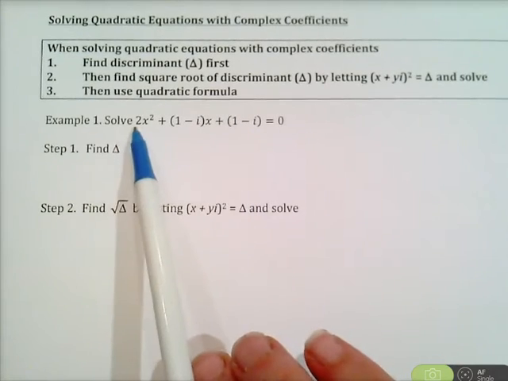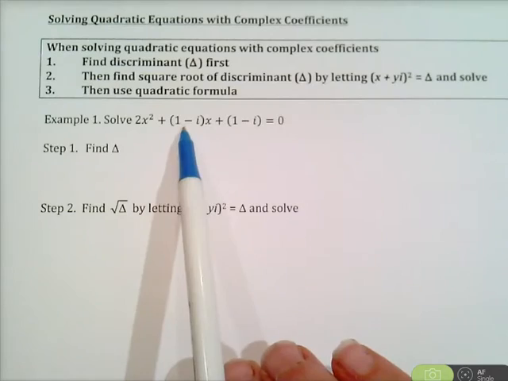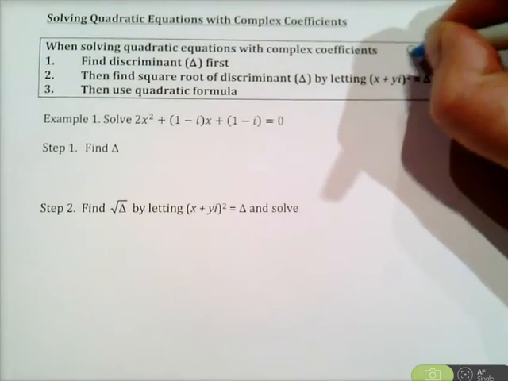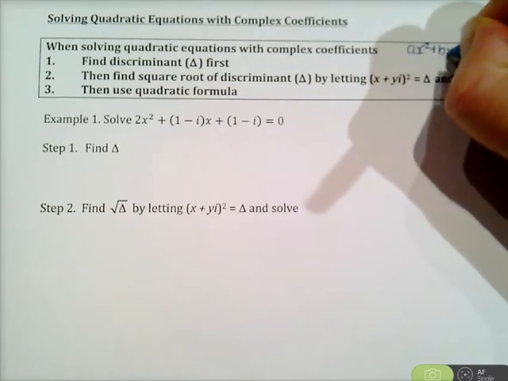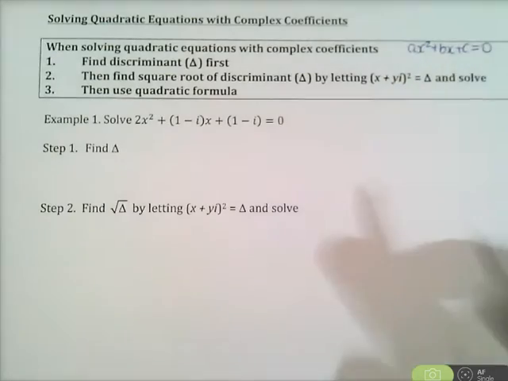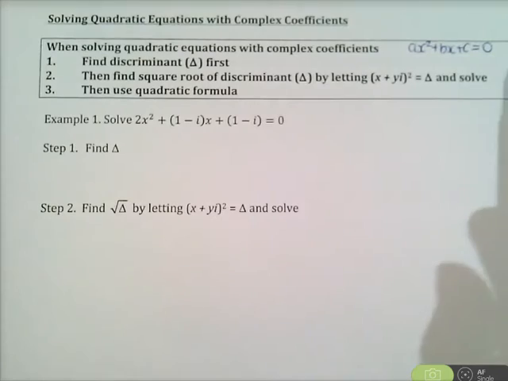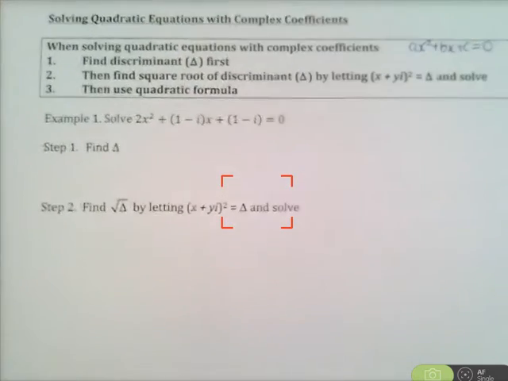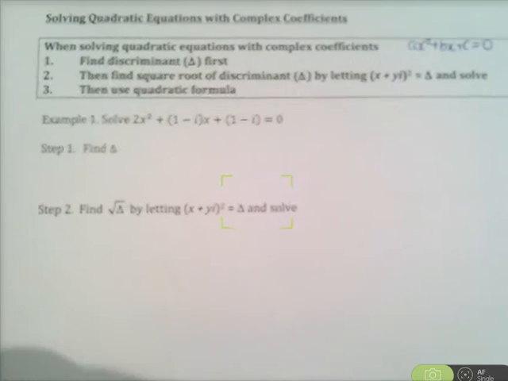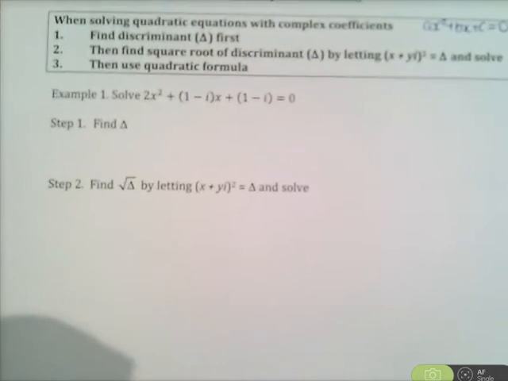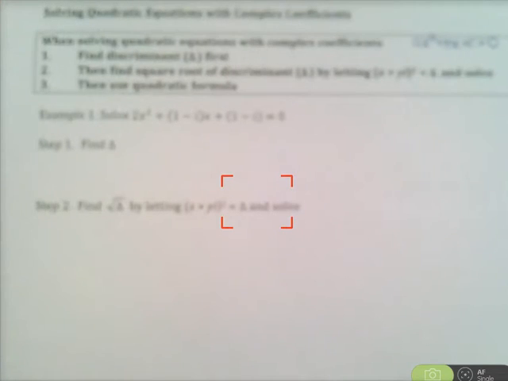So in this case, a is real, but because we've got ax squared plus bx plus c equals 0, if any of these, A, B, or C, are complex, you only need one of them to be complex, then you'll have to use this method to find the roots, or to solve the equation.